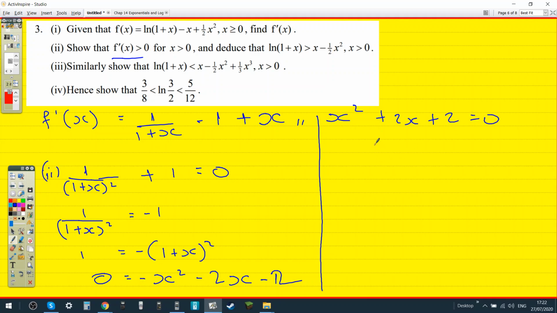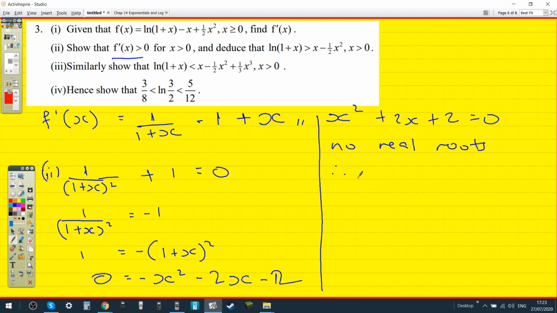I can check. Minus 1 plus i, so there's no solutions. No real roots. Therefore, b squared minus 4ac is less than 0. But that would be less than 0, not greater than.